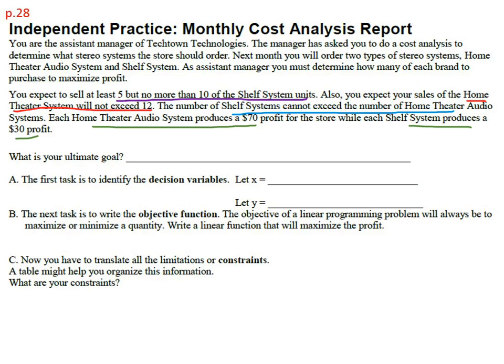Well, we want to figure out how many of each type should be sold in order to maximize profit.